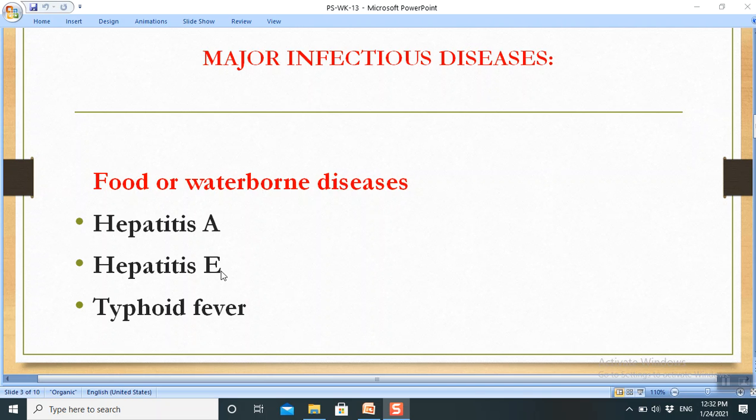If the patient is not treated, a person can die. The recorded mortality rate, meaning the death rate, because of unattended typhoid fever is 20%. And unfortunately, along with dengue, typhoid is the major disease spreading in Pakistan, and we must be careful.